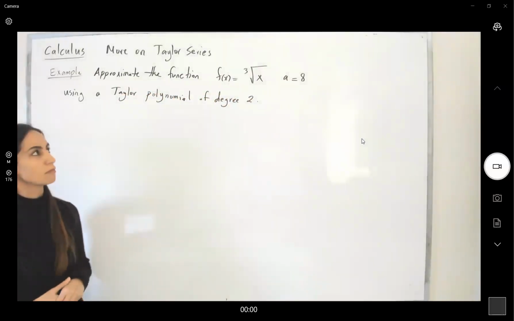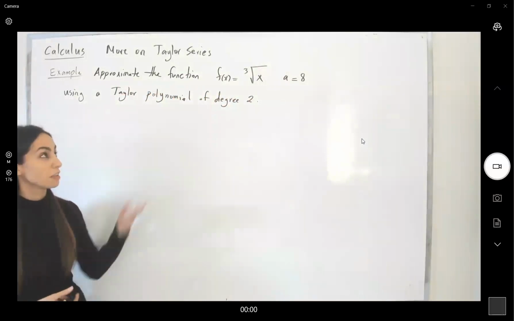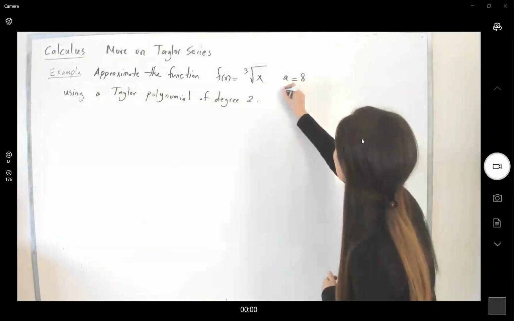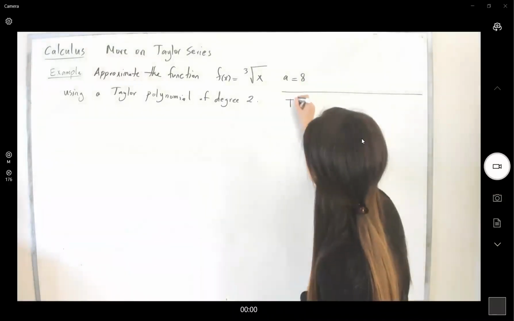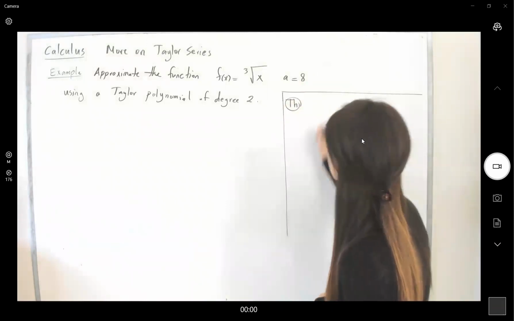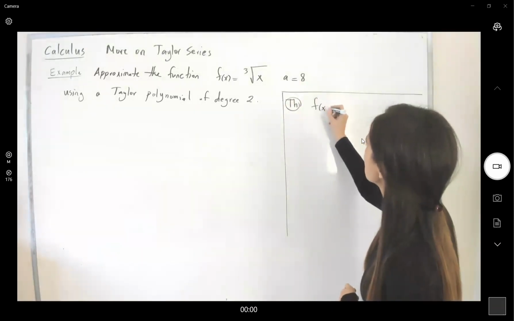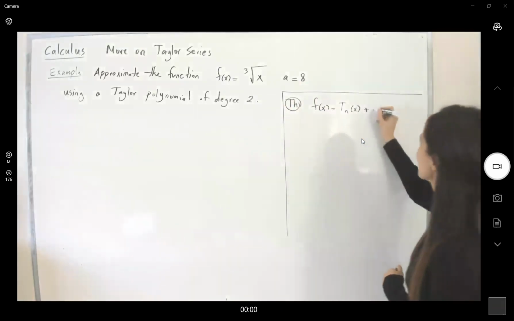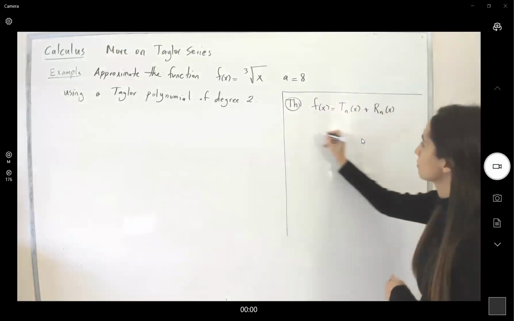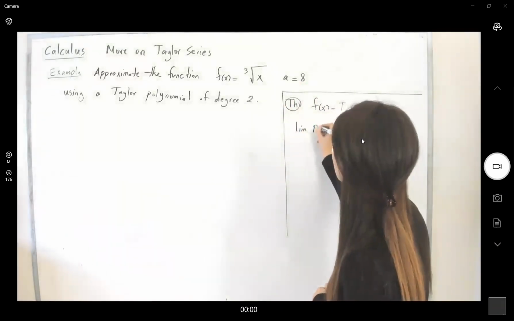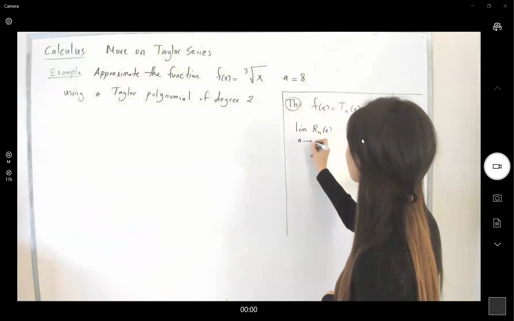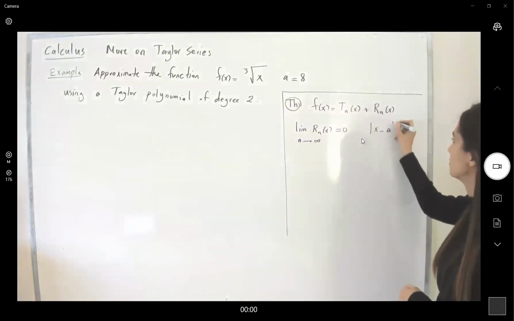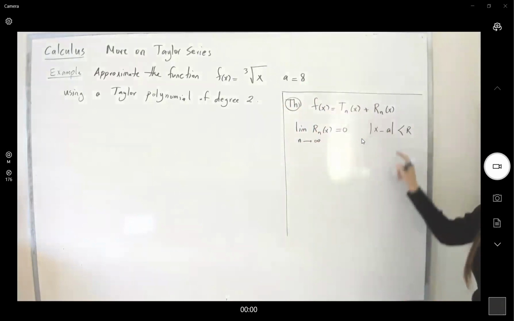So let's analyze this function. Our theorem says your function f of x can be written as the sum of the Taylor series plus the remainder if the limit of your remainder as n goes to infinity is equal to 0 on the given interval, the interval of convergence.